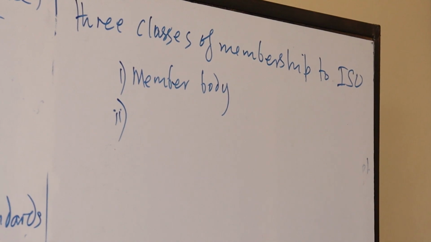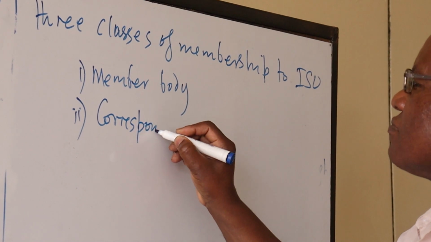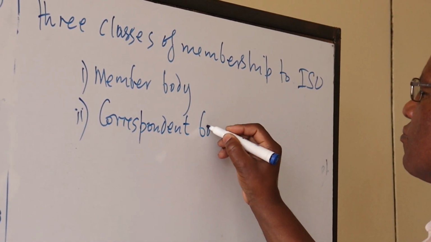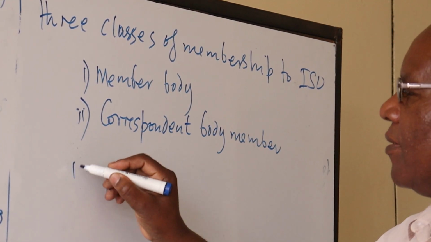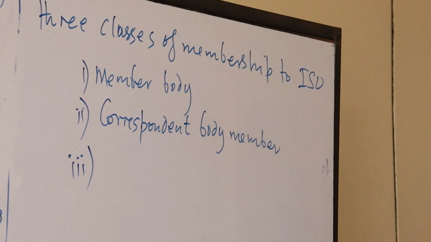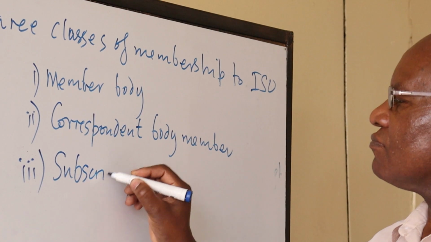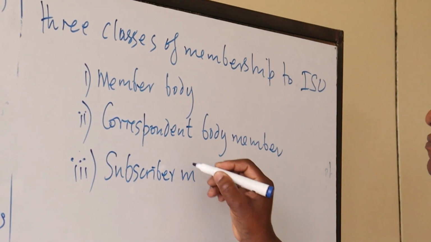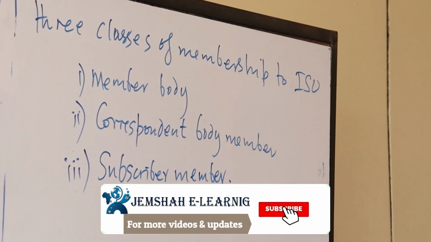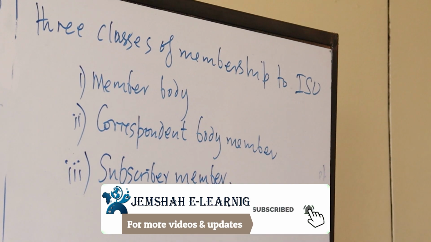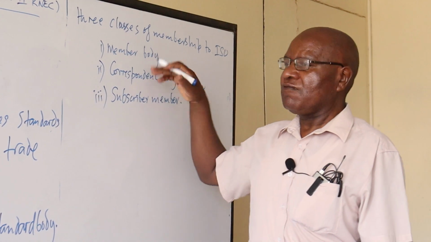Then we have correspondent member, and we have subscriber. Now, depending on the level of your standards is how you can join any of these three categories.